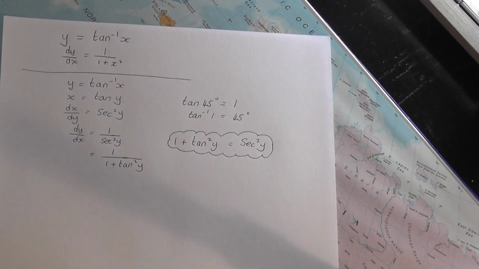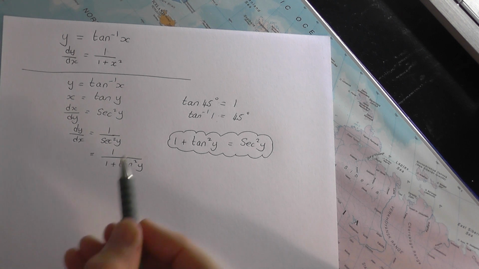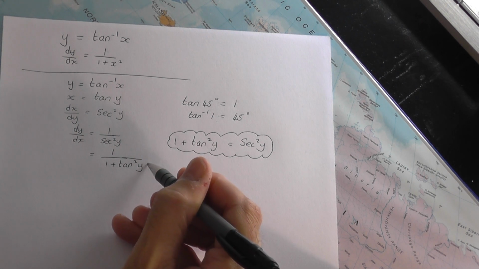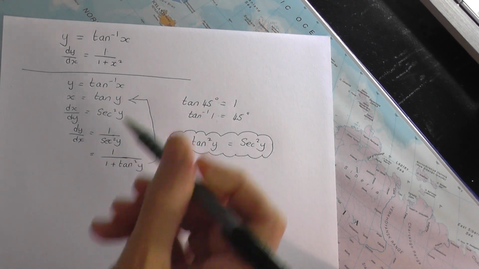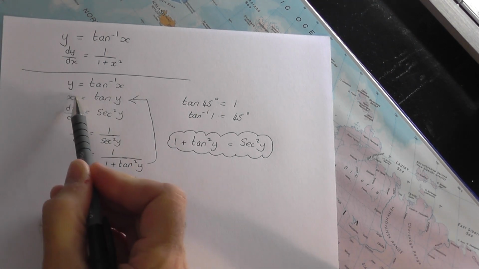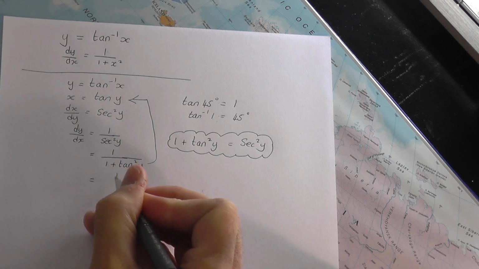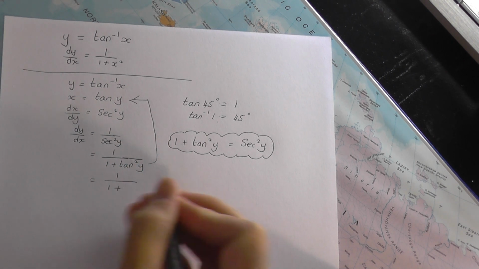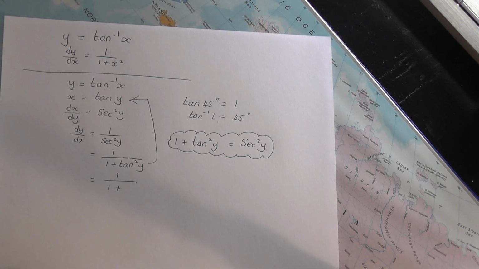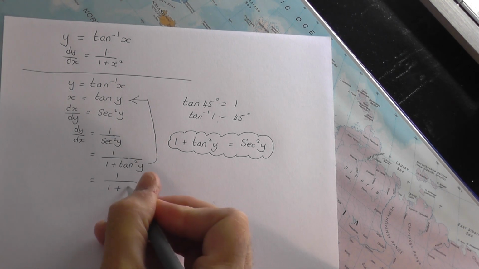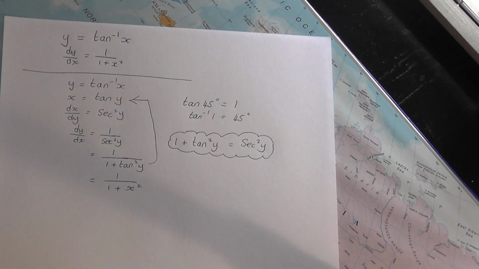You might say, well, why have we done that? Well, if you look back, we know that tan y is the same as x. So this means that we get 1 over 1 plus, and then tan squared means the tan of y all squared, which means x all squared.